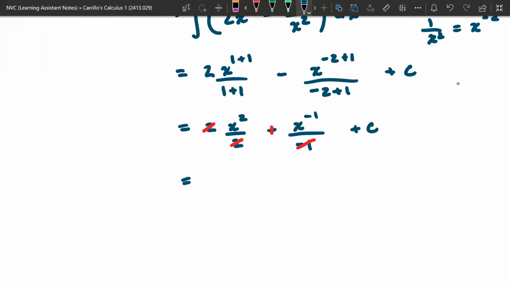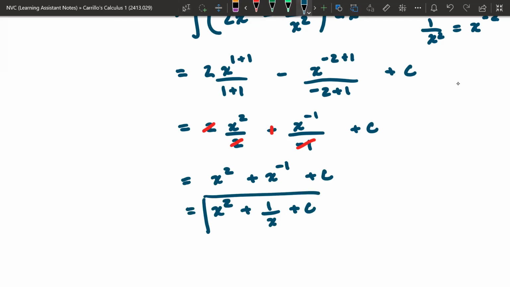So now we'll have x squared plus x to the negative 1 plus c, and then rationalizing my negative exponent, and that's it.